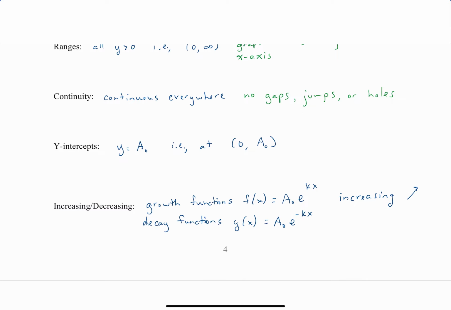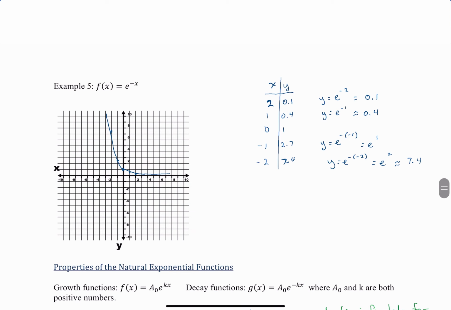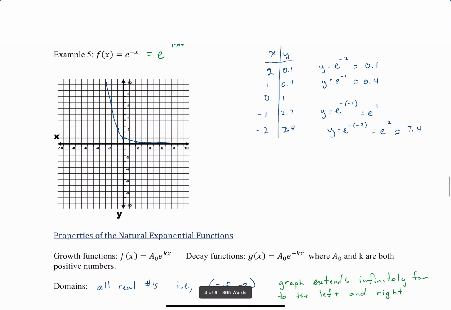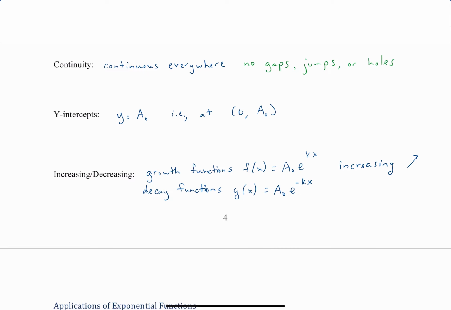And we saw an example of that too, right? Here was one right on this page, e to the negative x. That's a decay function. It's going downhill. And you could think of this as e to the negative 1 times x. So that's a negative coefficient in the exponent. That's going downhill. It's a decay function. And so we say that that is decreasing.